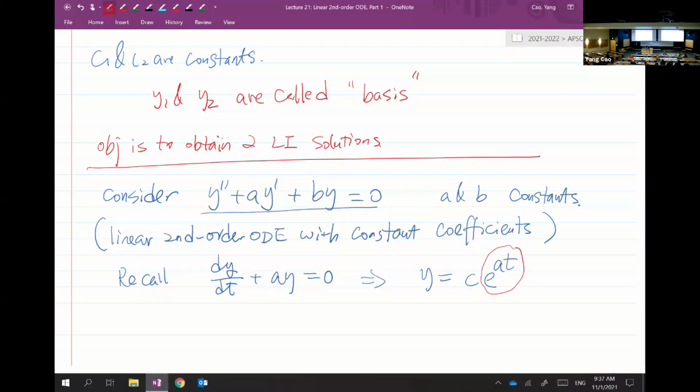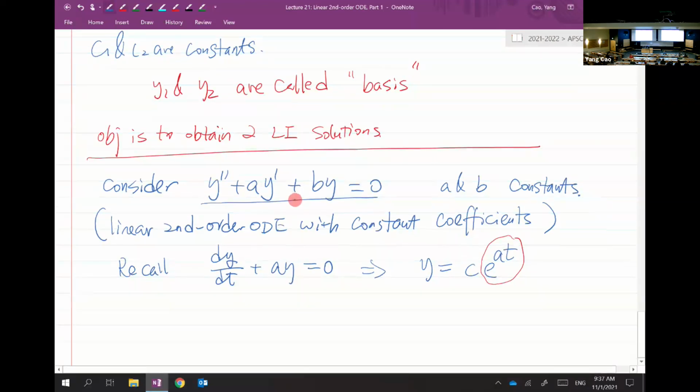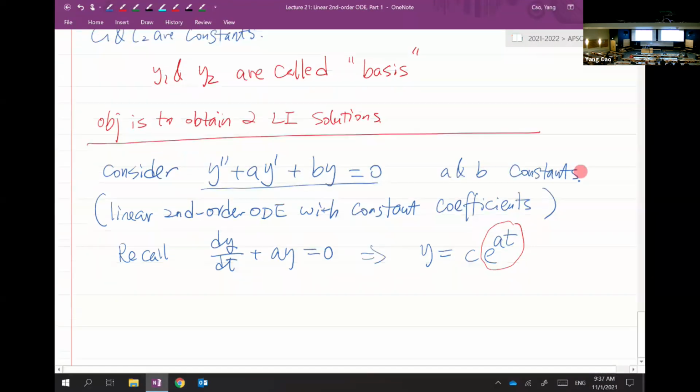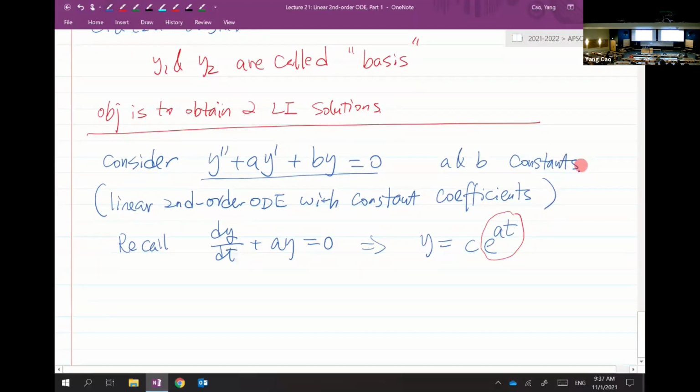So the question here is, would there be any similarities? If a first order ODE with constant coefficients gives you a solution that contains an exponential function, then is it possible that the second order linear ODE with constant coefficients also has some sort of exponential function in its solution? So that's basically the idea here. How do we start? By finding the solution.